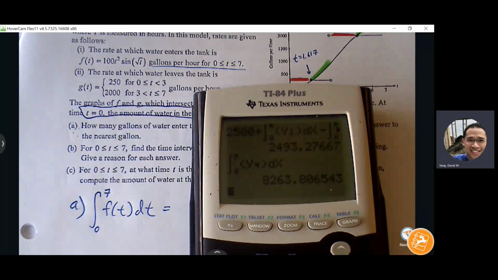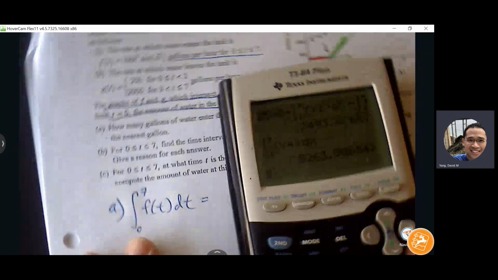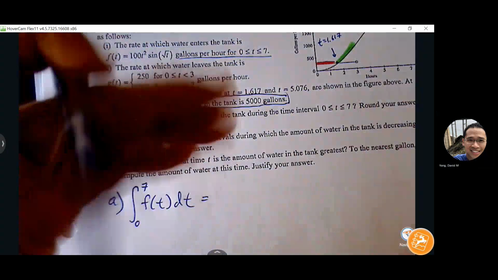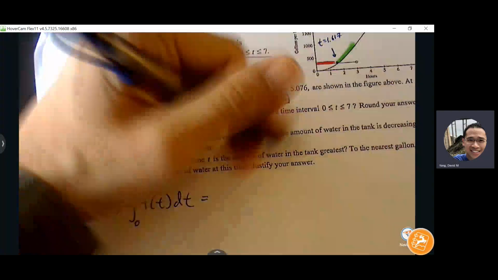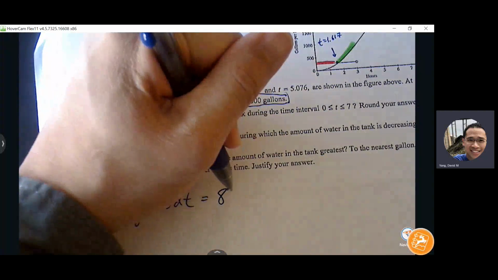Okay, it says round to the nearest gallon, so 8,264 gallons is how much water is going to enter the tank in that time period.